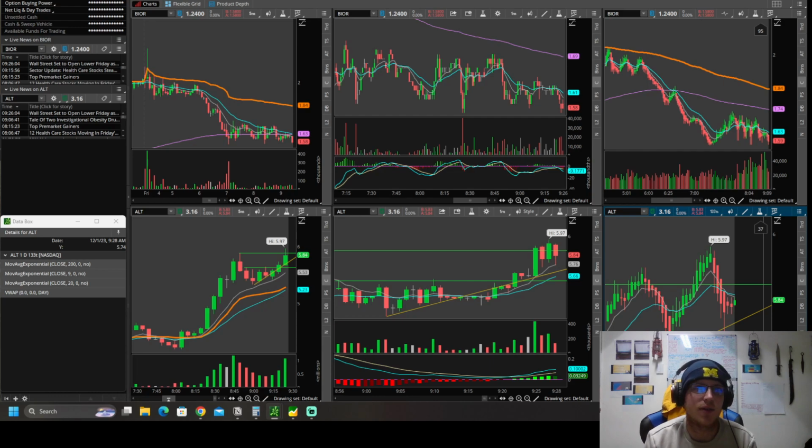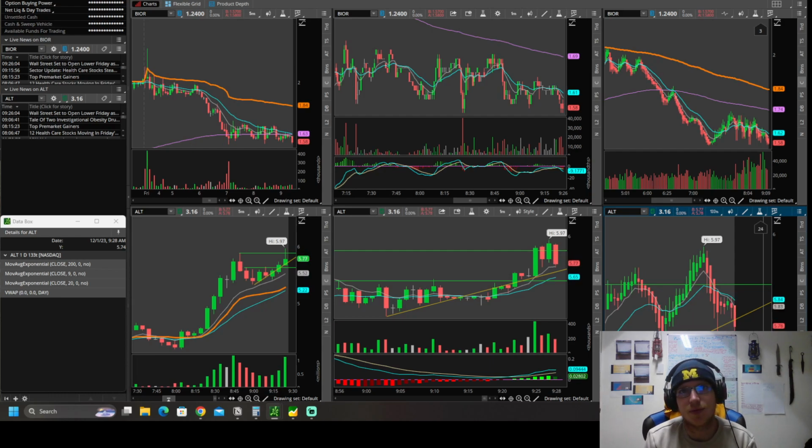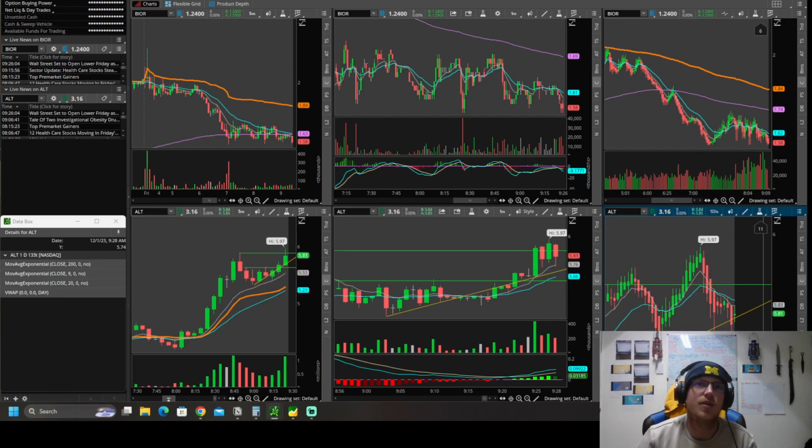Not trading it after a flush. I want 2 bounces. But now it looks really nasty on the 1 minute because it did not hold the highs. Broke back above pretty nicely. Okay, so bounce 1.